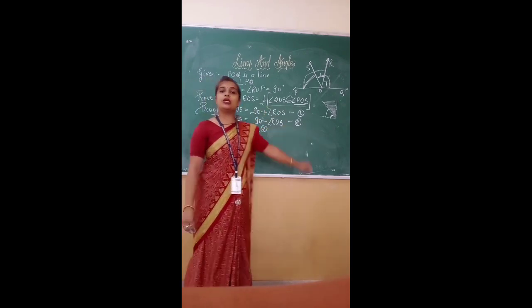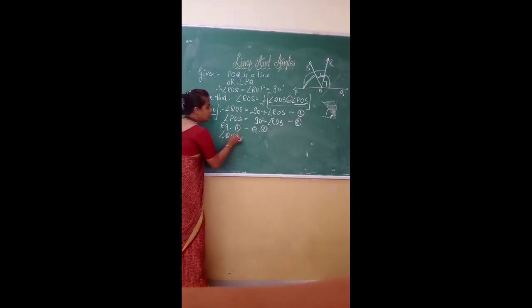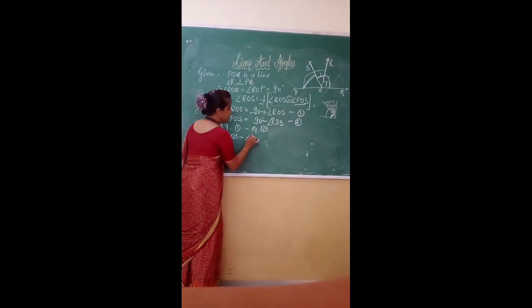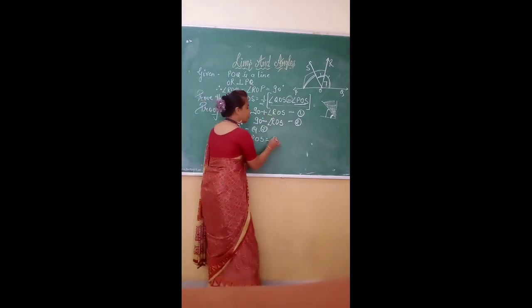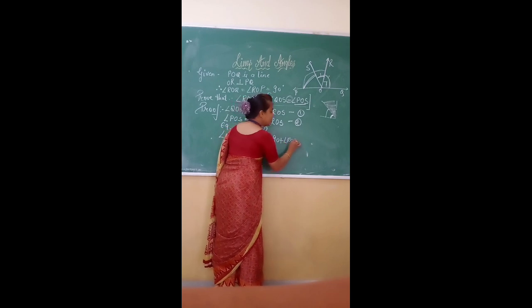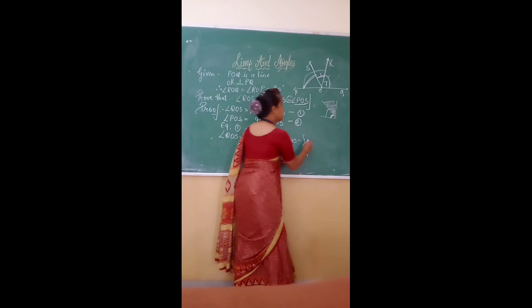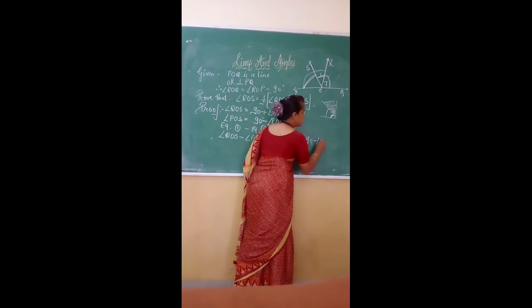So the difference is QOS minus POS. This will be equal to equation 1, 90 plus angle ROS, minus equation 2. What is equation 2? 90 minus angle ROS.